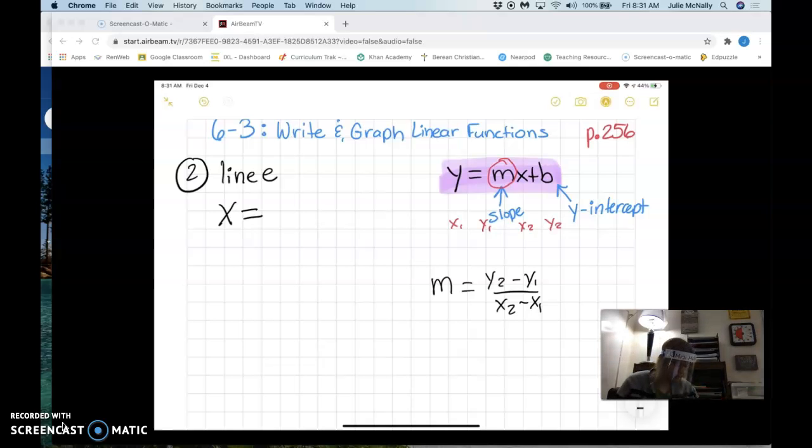So what is it passing through on this one? Yeah, on the x-axis, which number is it going through? -5. And so that's it for number 2. So the vertical and the horizontal lines are going to be super easy formulas to write.